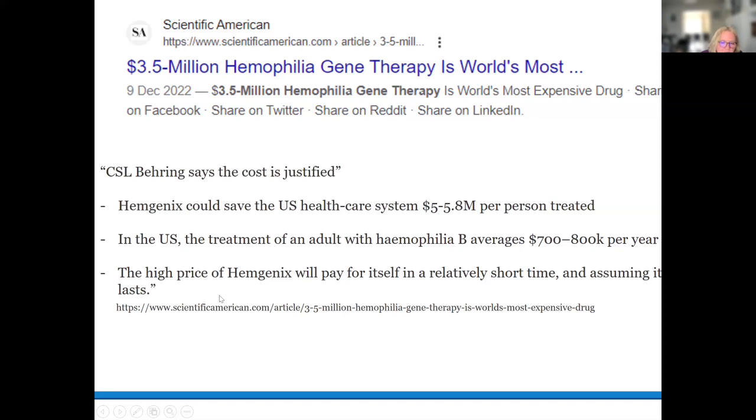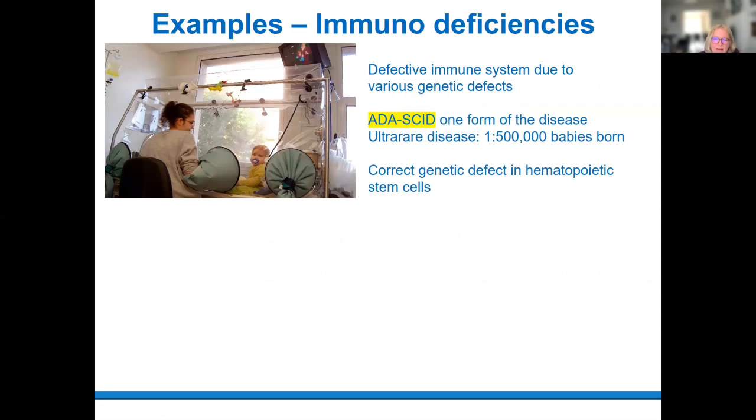So you can very quickly work out that over the lifetime of the patient, 3.5 million for gene therapy is a lot cheaper than the protein-based therapies, which are also not as good. So that's all fine. And I'll come back a little bit to these challenges later on.